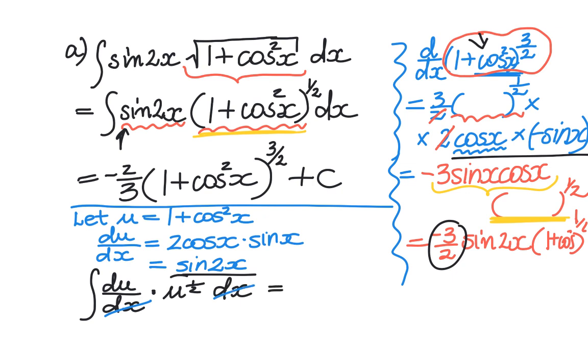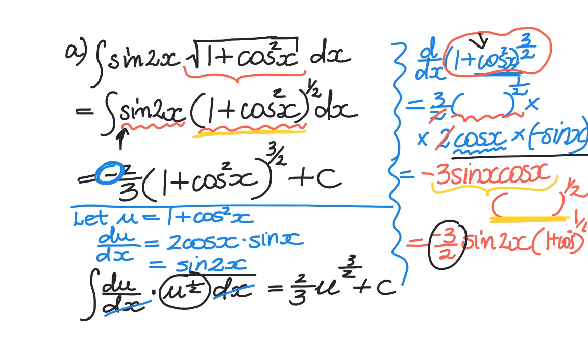What's the integral of u to the half? The integral of u to the half is u to 3 over 2 times 2 over 3, plus c. Now you can see that the only problem I'm having is that I had a minus here and I lost the minus in there. Where did I lose it?